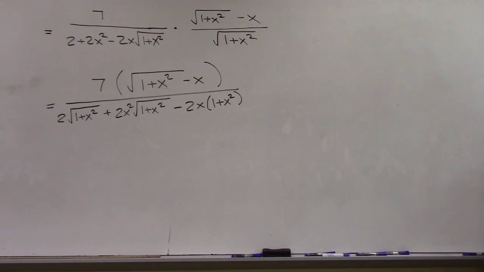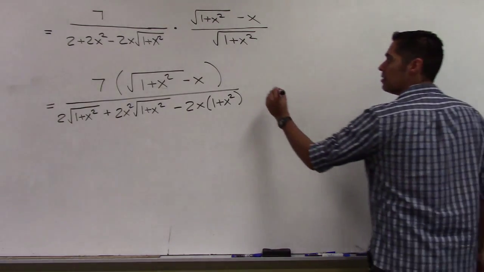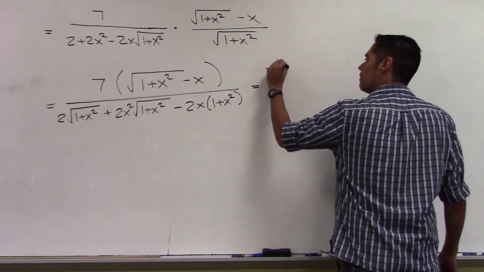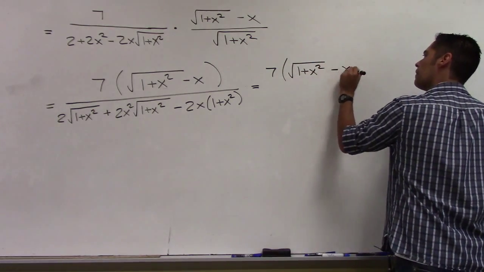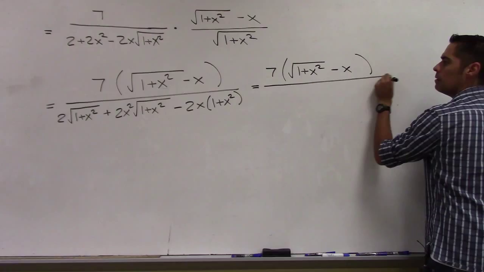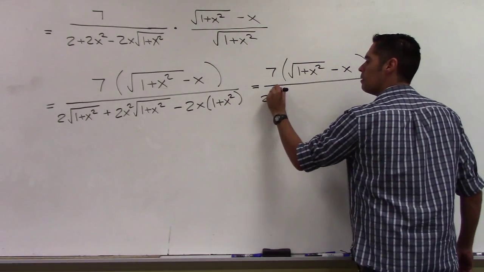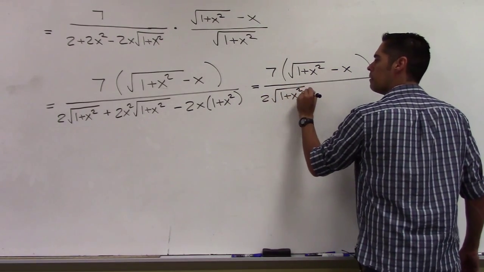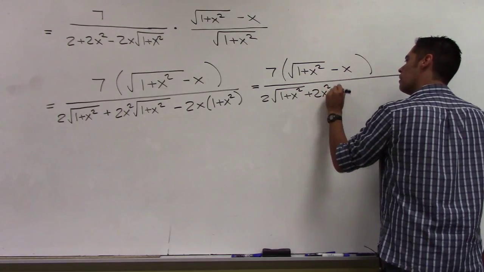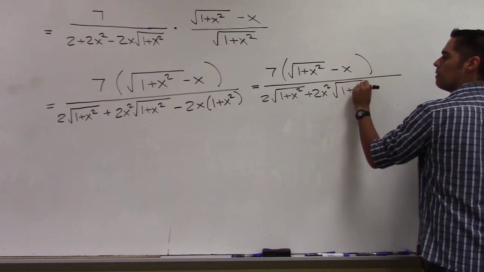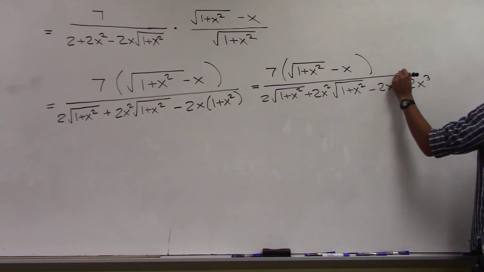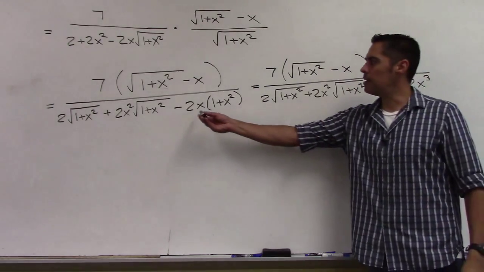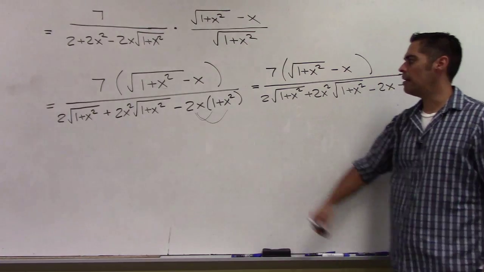I know this still looks bad, but it's actually about to get real nice. So all I did on this step was distribute a negative 2x through right there, like that.